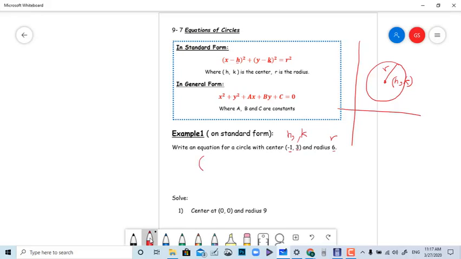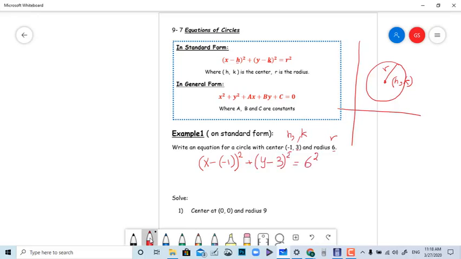We put x minus, and then we open a bracket and we put -1, all squared, plus y minus 3. We put 3 as it is, we don't need a bracket because it's positive, all squared equals 6 squared.